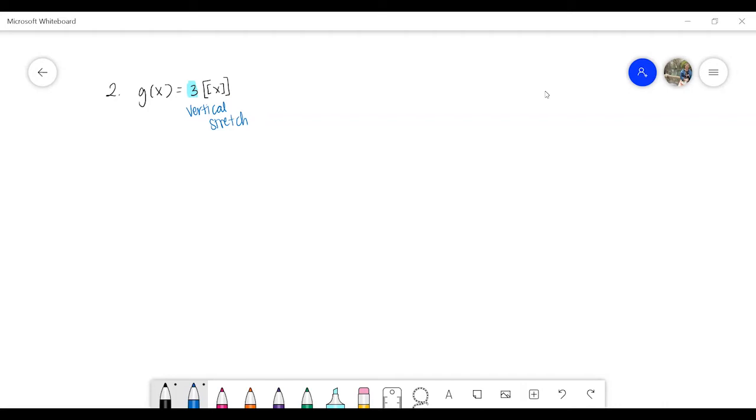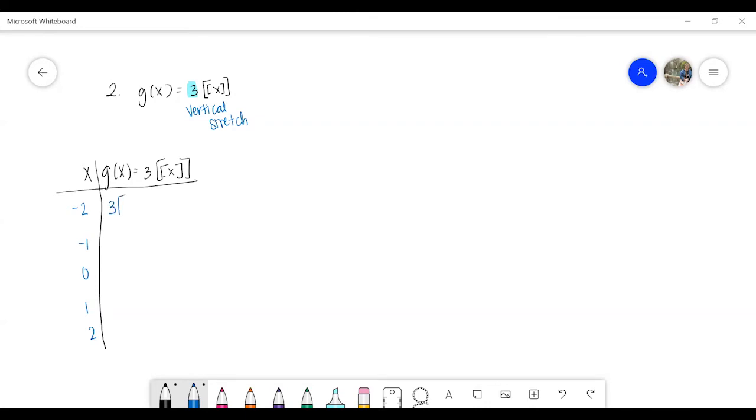So let's kind of explore what this means. So again, let's write x, and this time we've got g of x, 3 times our x. Okay. And so let's plug in our numbers. So let's stick with the normals, -2, -1, 0, 1, and 2. Again, we want to emphasize not just those numbers, but what's happening in between them as well.